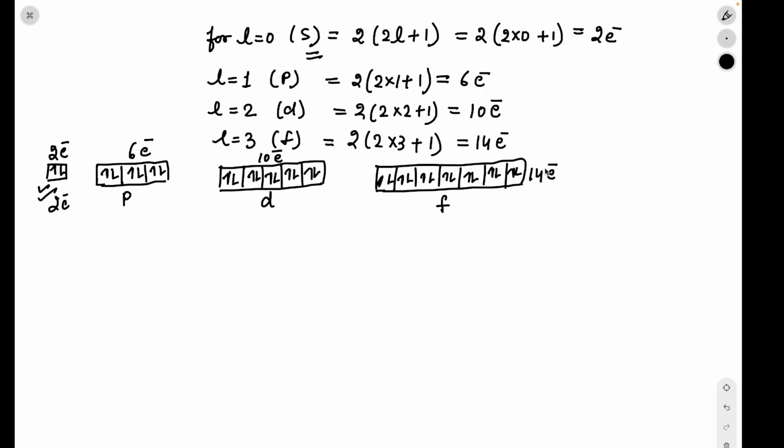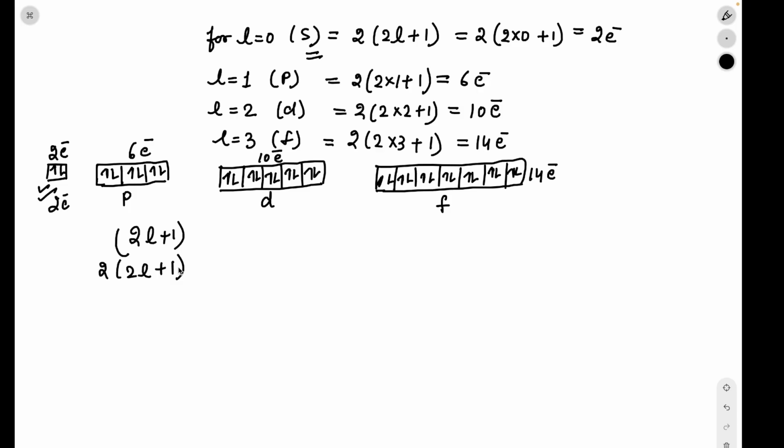So from the azimuthal quantum number, we can quickly find the total number of orbitals with 2L plus 1 and the maximum electrons with 2 into (2L plus 1), which is very useful for quick problem solving.